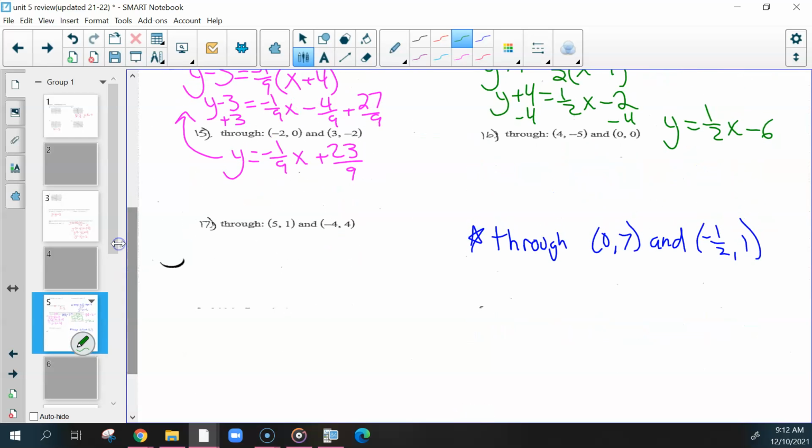Starting with 16, our slope would be 0 minus negative 5 or plus 5 over 0 minus 4. So we'd have positive 5 over negative 4, or you can put the negative out front, or with the 5.